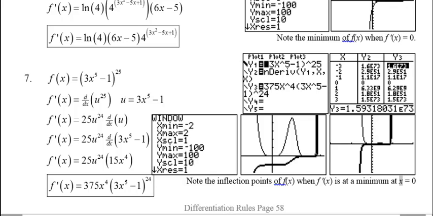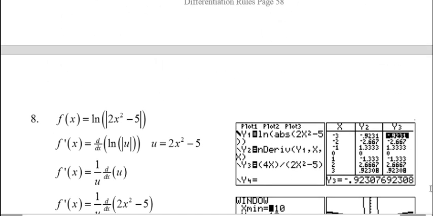So notice how we can use the graph of the derivative, the formula for the derivative, and the table, to tell us something about the shape of the graph of the original function, and vice versa.